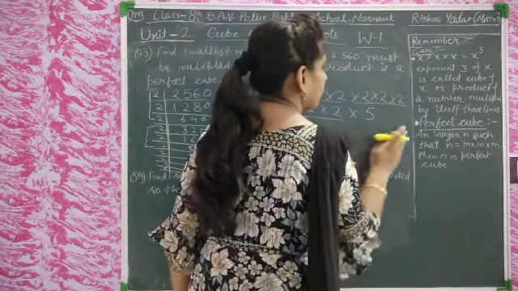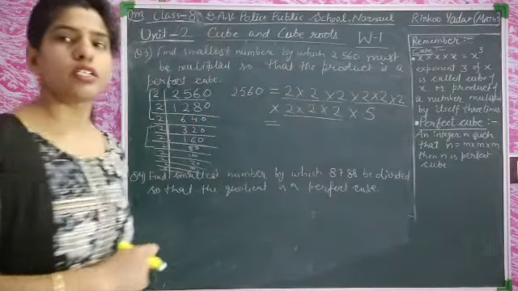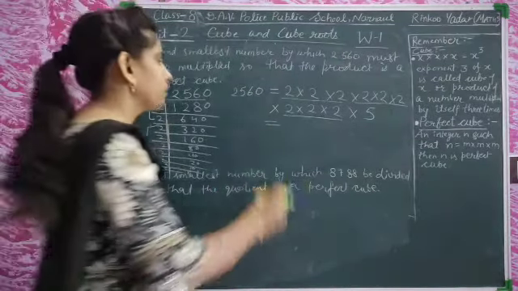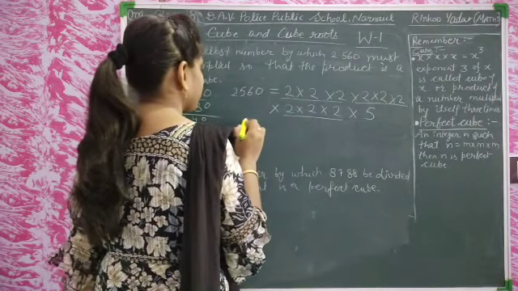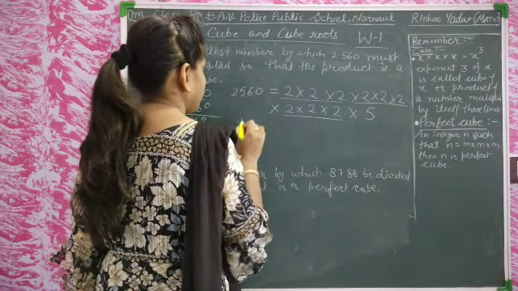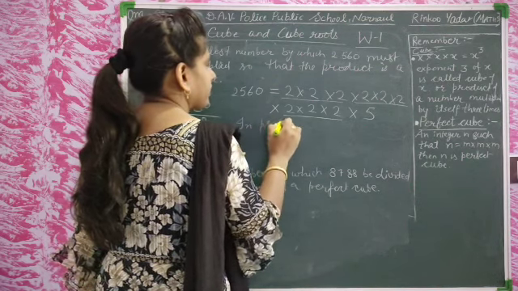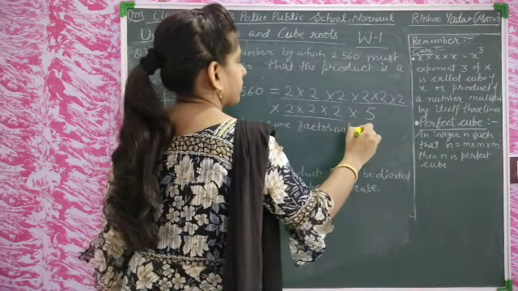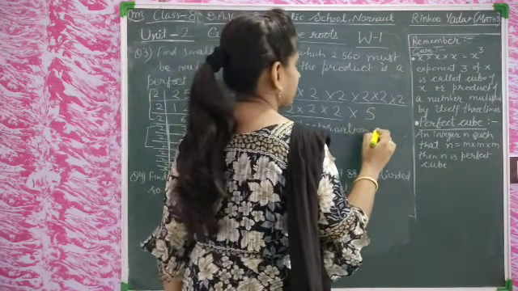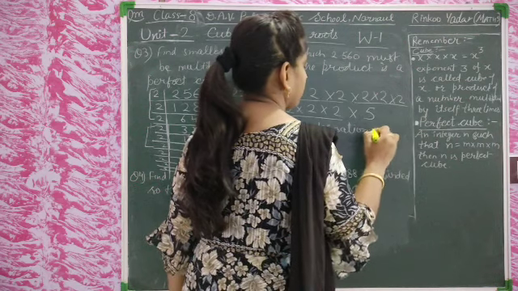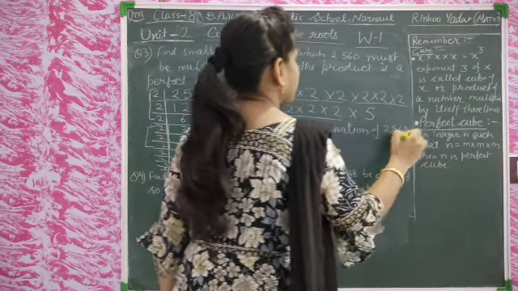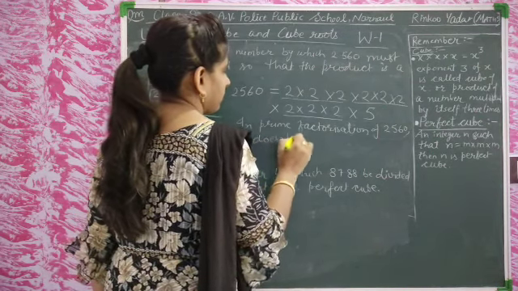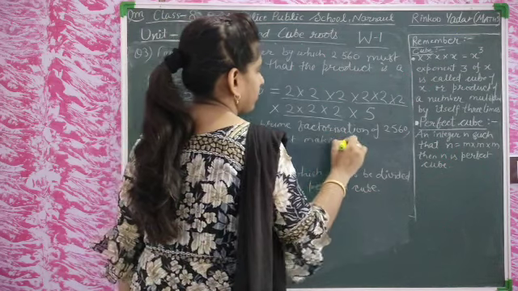There is the number 25. 5 fives are 25. It means 25 is the number that makes a perfect cube. In the prime factorization of 2560, 5 doesn't make a triplet.